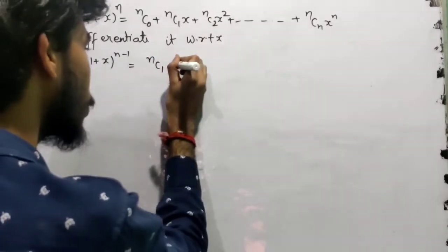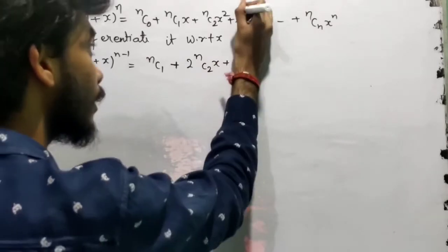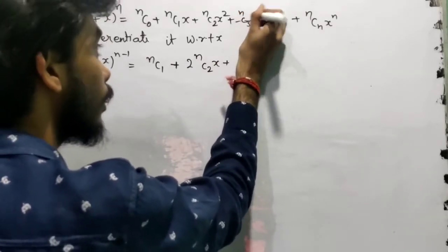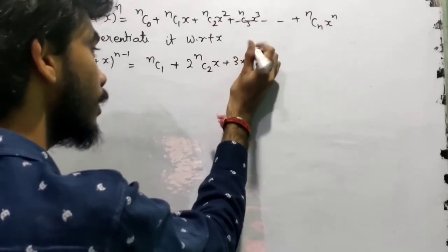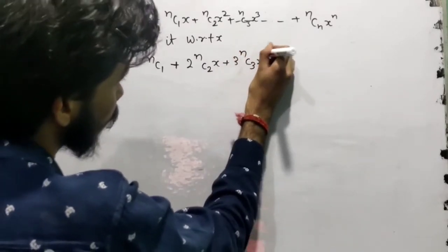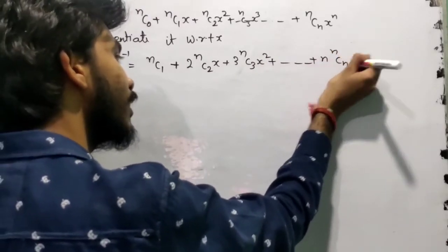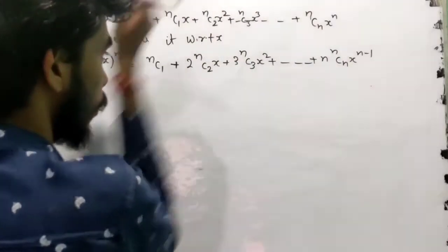The differentiation of x squared is 2x, so it becomes twice nC2 x. Similarly, nC3 x cubed becomes 3 times nC3 x squared, and similarly, n times nCn x to the power n minus 1.